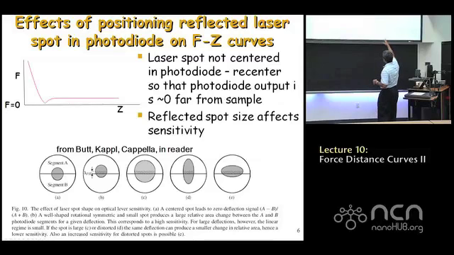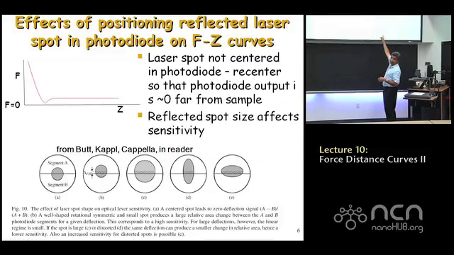Another important thing is sometimes you have these bizarre situations where your reflected laser spot is not perfectly circular. It can be oblong in certain directions. And if it is, you can get very bizarre effects. For example, in case D, the motion of the cantilever up and down a little amount causes not much change in photodiode voltage.